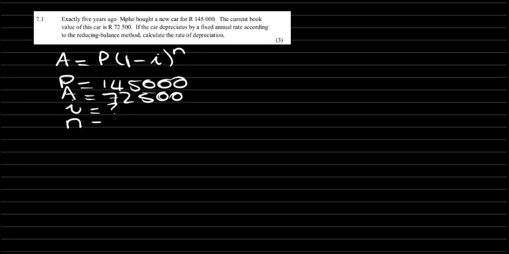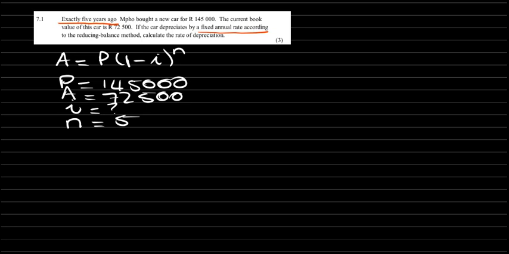And n is the number of times that the principal amount gets depreciated. So in this case, they specify that it's a fixed annual rate and it goes for 5 years. So annually, 5 years, that just means that n equals the number of years, which in this case is 5.